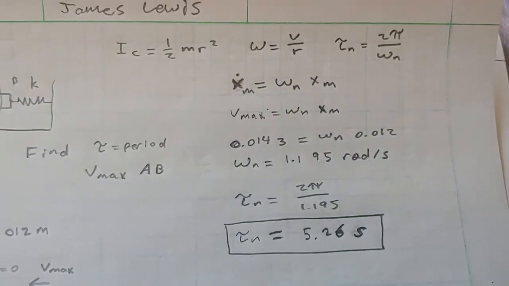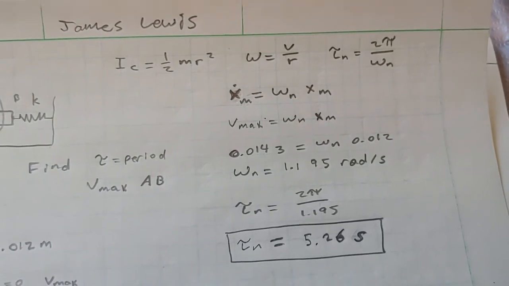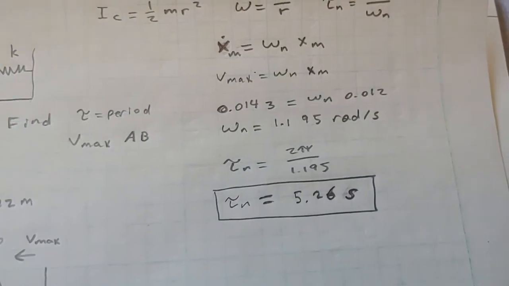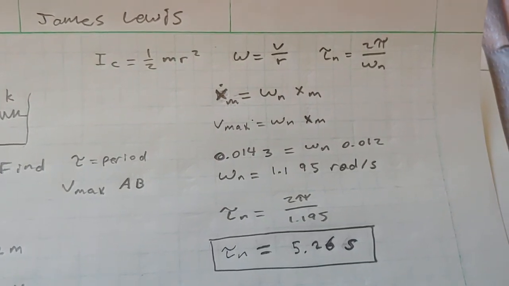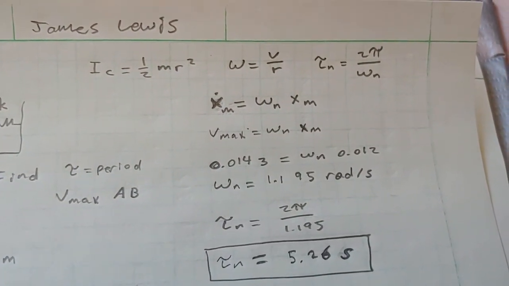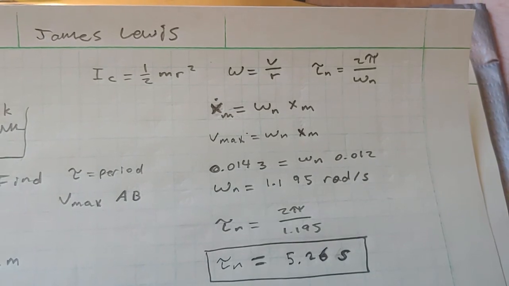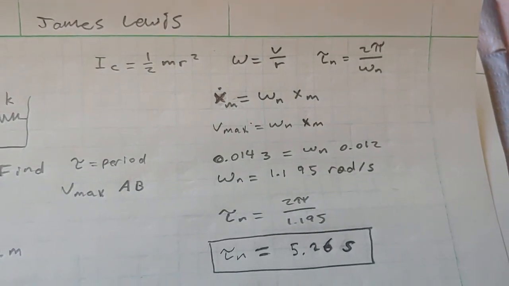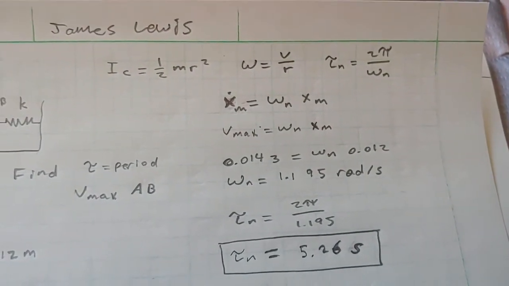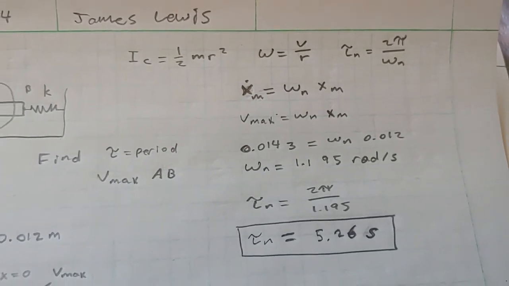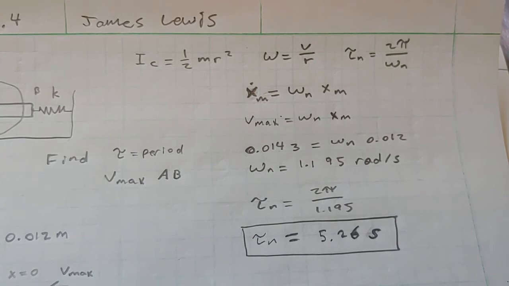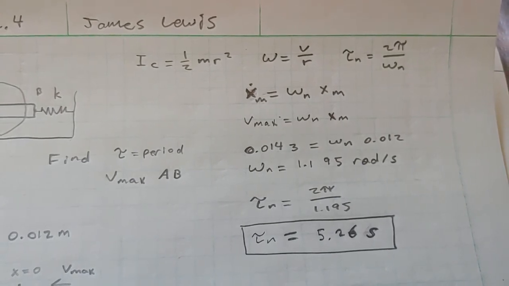We got our other equation. Our period is equal to 2 pi over our natural angular velocity. The x dot max is equal to our natural angular velocity times our x max, so Vmax equals omega n times x max.